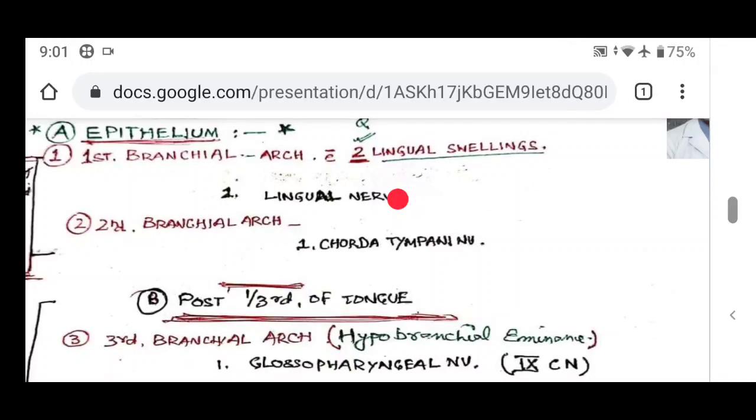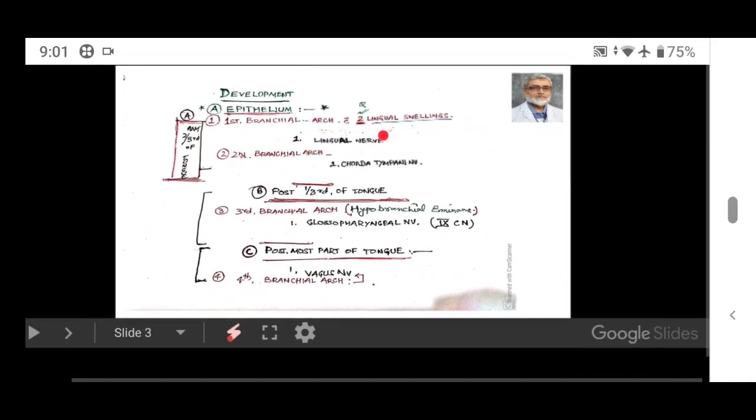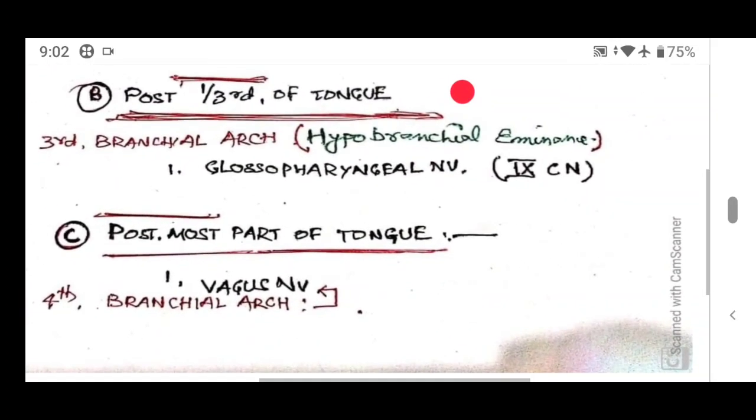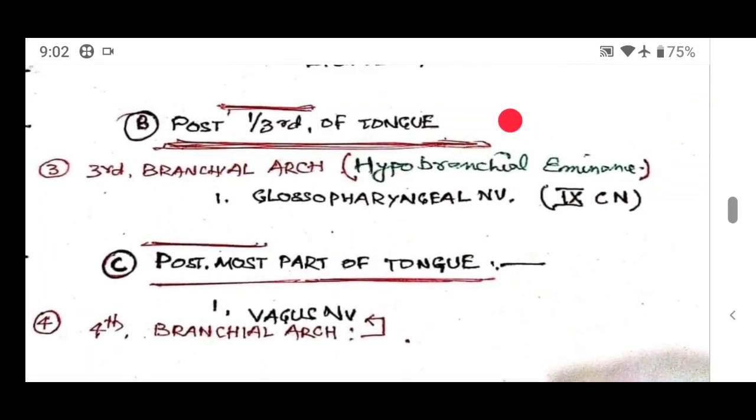Now come to the posterior 1/3 region. The epithelium of this portion develops from the third branchial arch, especially from the hypobranchial eminence in the third branchial arch. The concerned nerve is the glossopharyngeal nerve.